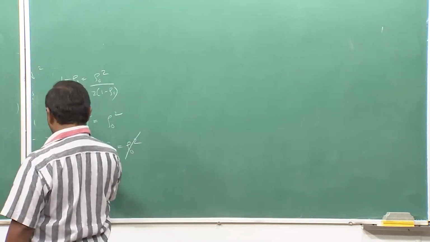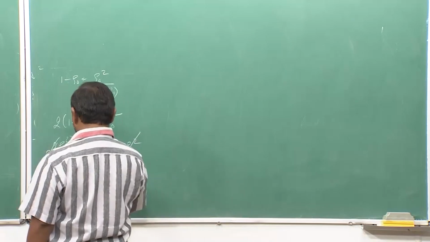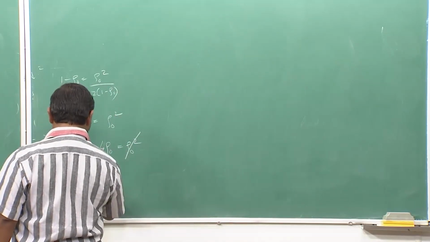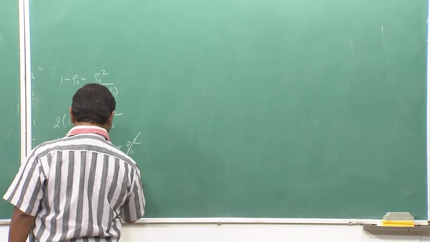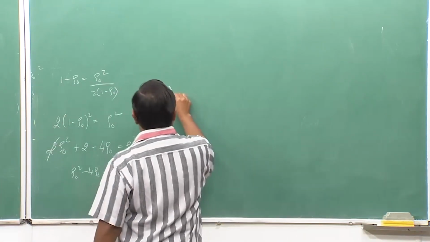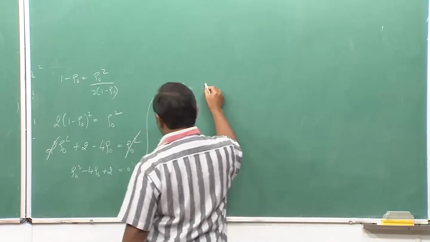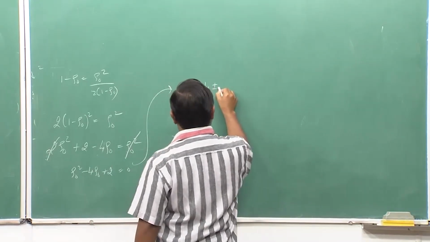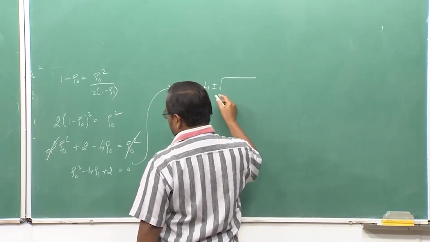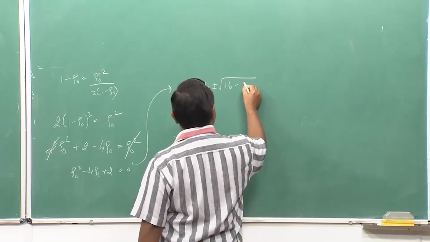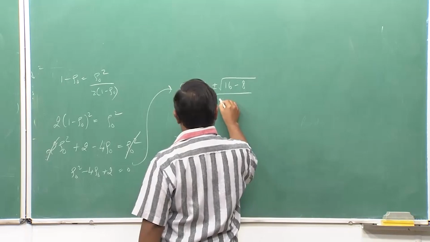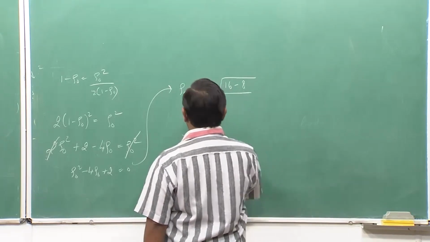So this one goes out with this. So you have rho naught square minus 4 rho naught plus 2 is equal to 0. So this will give you rho naught equal to 4 plus minus root of 16 minus 8 by 2.